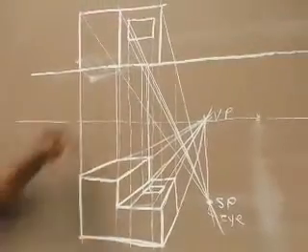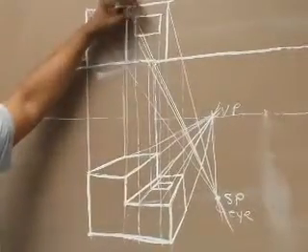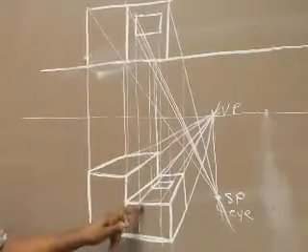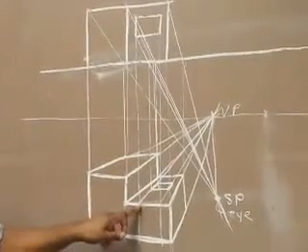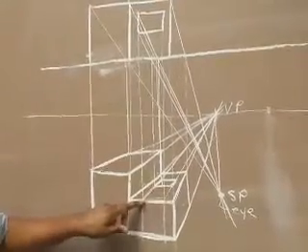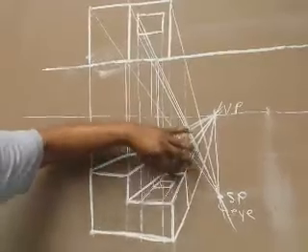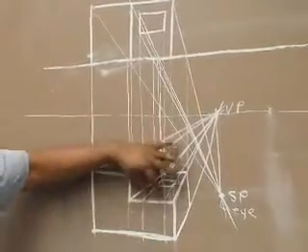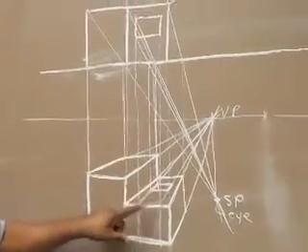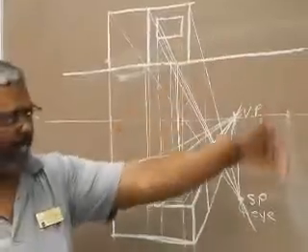So anything that's not sitting on a picture plane in a one point, wherever it's sitting, I can project the edges of it down to where it hits. That tells me if it was sitting here, this would be the true distance of it. So I take those back to my corner. It shows me my lines that converge, so you can see that my box is going to get smaller and smaller, because when it's sitting back here, it's going to be smaller than sitting up here because it's getting further away.